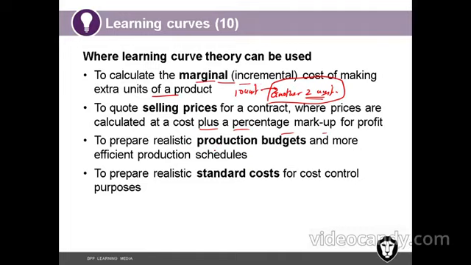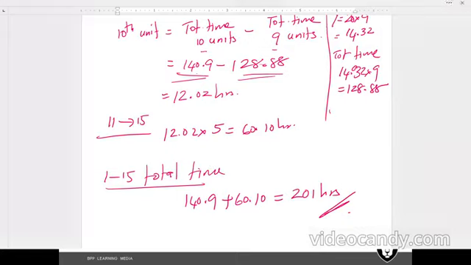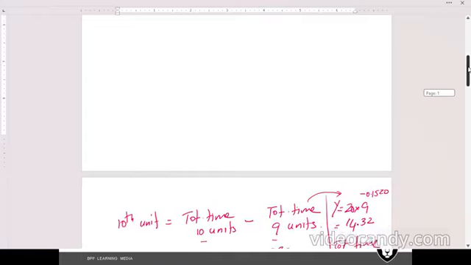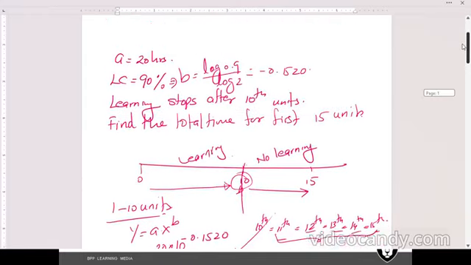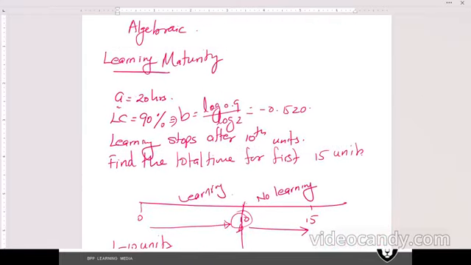more efficient production schedules. If I go back to the example, can you see here? Let's look at the first 10 units in this example. First unit took 20 hours. So somebody who does not have the idea of the learning curve will think every unit thereafter is going to take 20 hours. So if 10 units are budgeted, he may give a budget allocation of 200 hours.